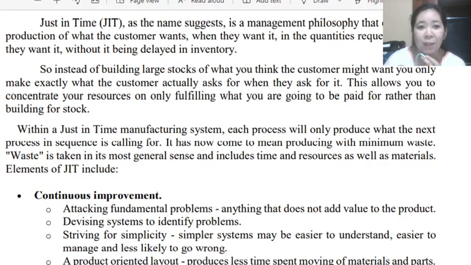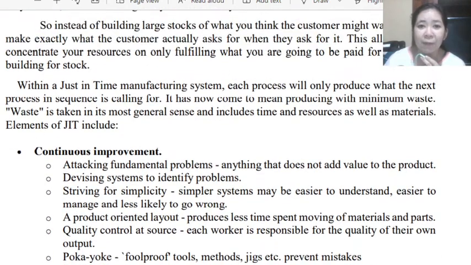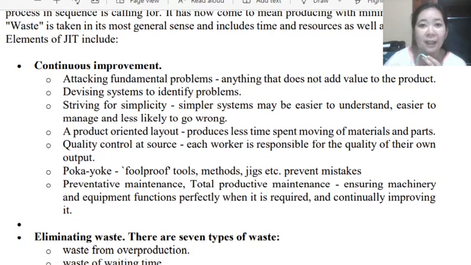For the elements of just-in-time, it includes the following. First, if an entity is using a just-in-time system, they can have continuous improvement, meaning they will tackle the fundamental problems. Anything that does not add value to the product will be eliminated.